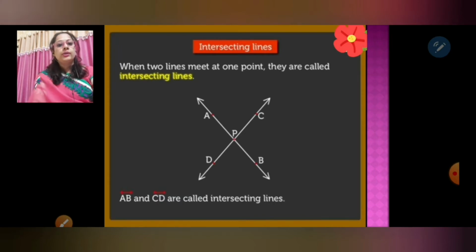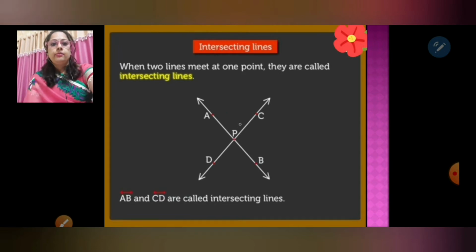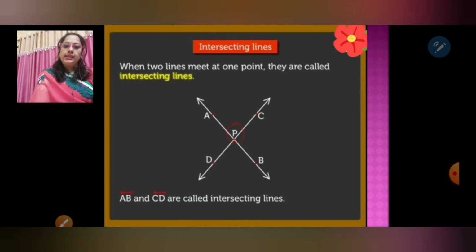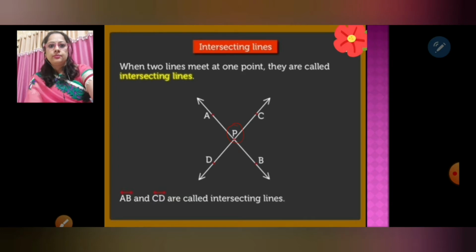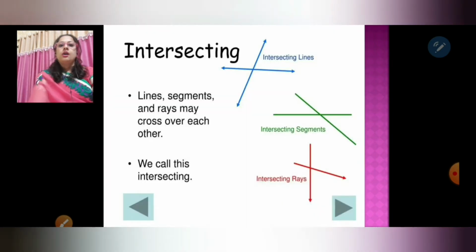So here you can say that line AB and line CD meet at a point P. So line AB and line CD are intersecting lines. Lines, segments and rays may cross over each other and we call these intersecting lines.